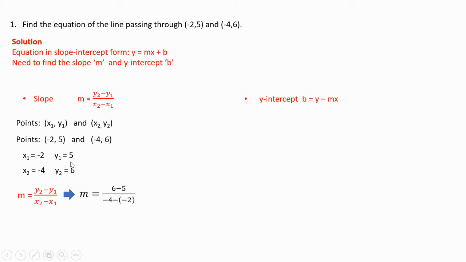My y2 is 6 minus y1 is 5, over my x2 is negative 4 minus my x1 is negative 2. To simplify, this will be negative 1/2, because 6 minus 5 is 1, and negative 4 minus negative 2, these two negatives become a positive, so it's negative 4 plus 2, which is negative 2. So my slope is negative 1/2.